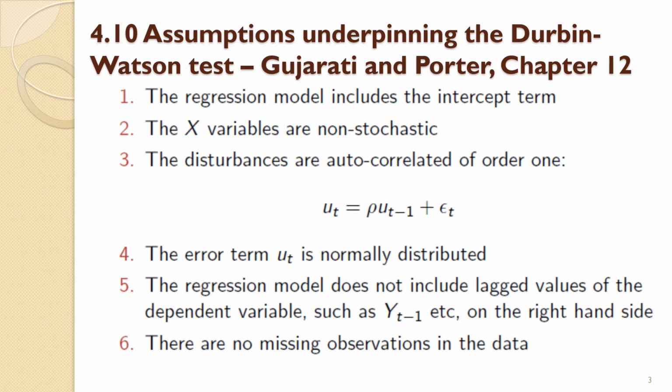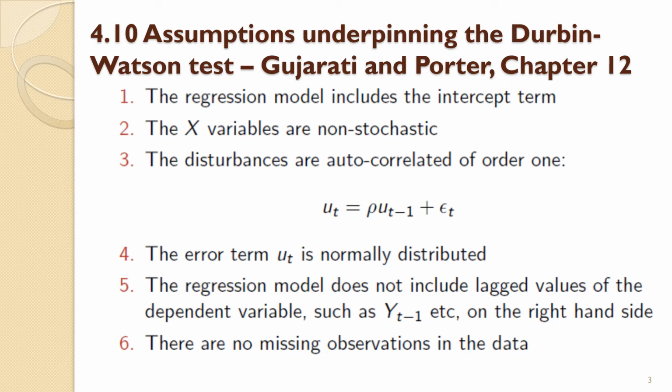This just means that there's a very precise form for this autocorrelation. One example might be the gold prices and stock prices example, where the residuals in, for instance, the year 2000 and the year 2001 would be autocorrelated.